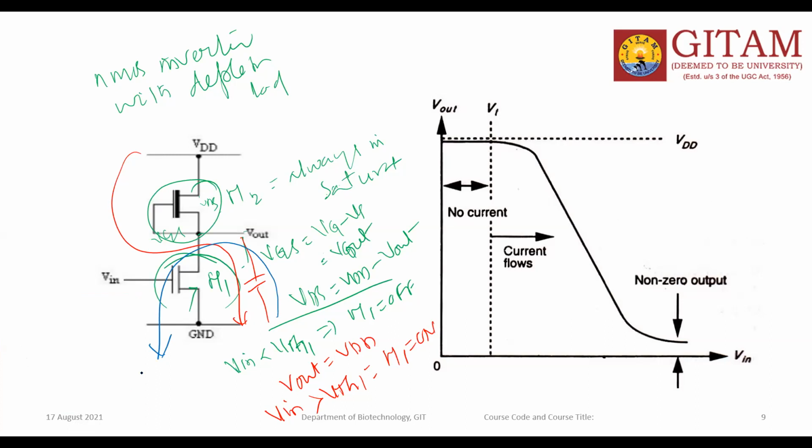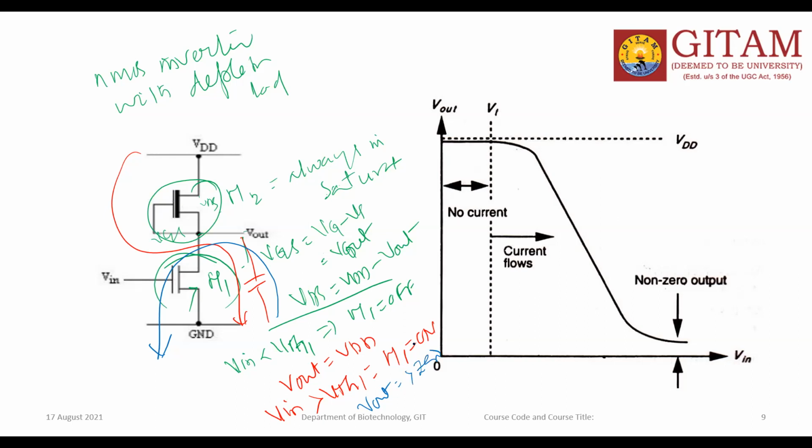So the output becomes low, but some voltage is dropped across M1, so V out is greater than 0.